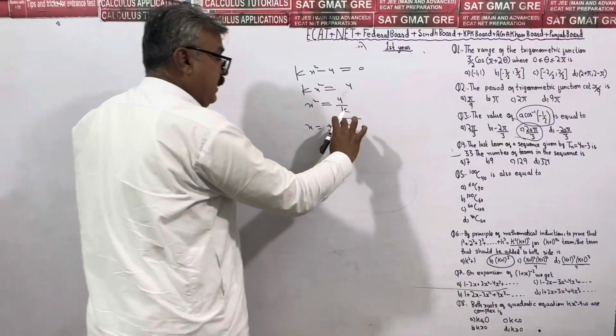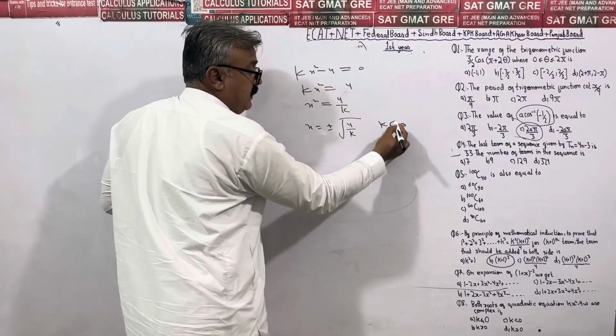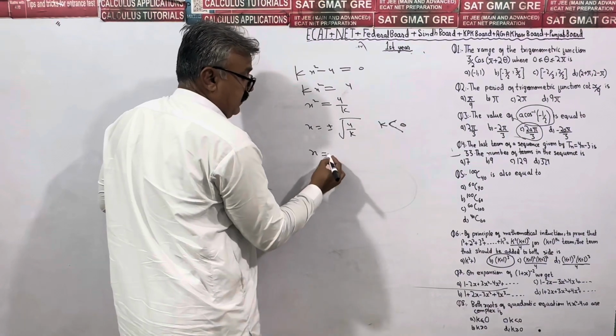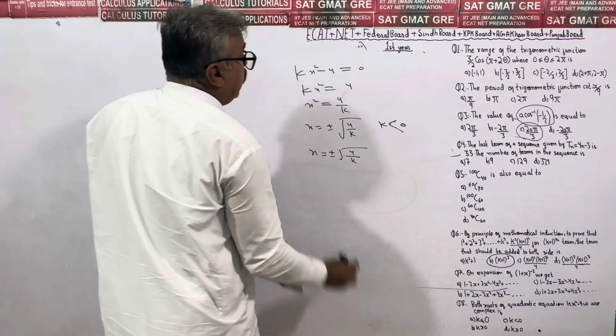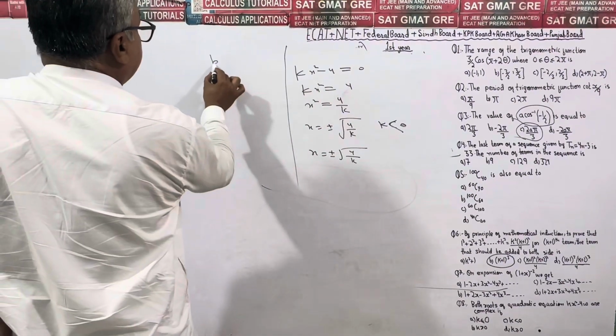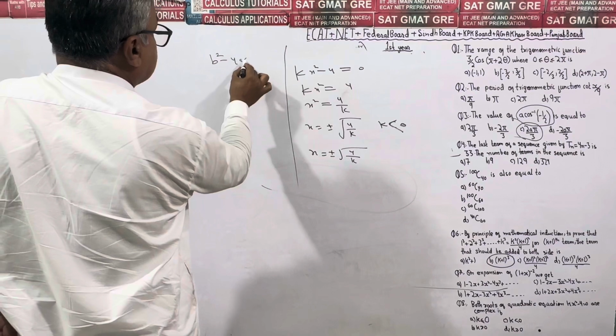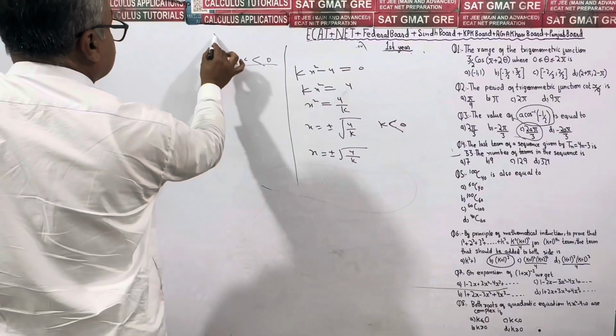We want them to be imaginary, then k must be less than 0. If k is less than 0, then we introduce here iota, or one can use the appropriate orthodox method, b square minus 4ac less than 0, the discriminant.